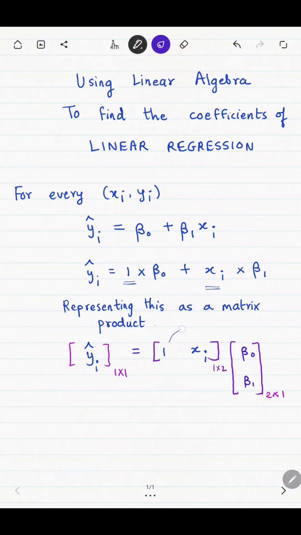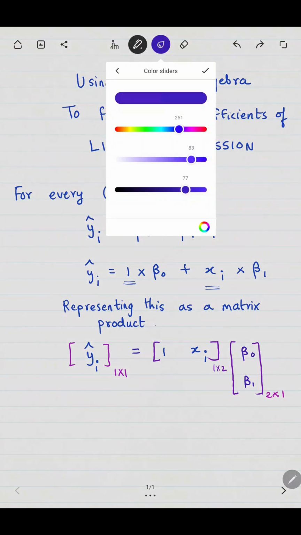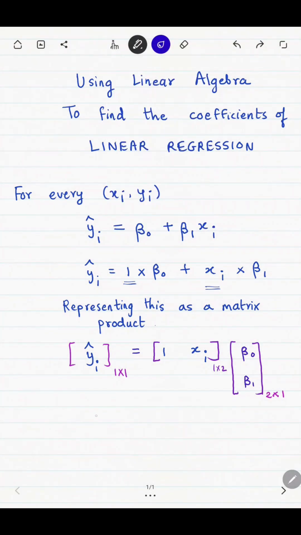So if you perform the matrix multiplication, that is the exact equation that you will get. So we have successfully converted this equation into a matrix product. Now this looks perfect as per the matrix multiplication rules, right?